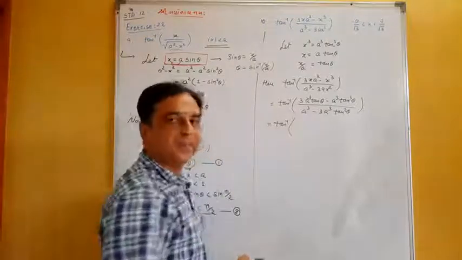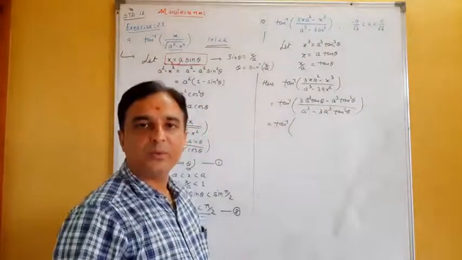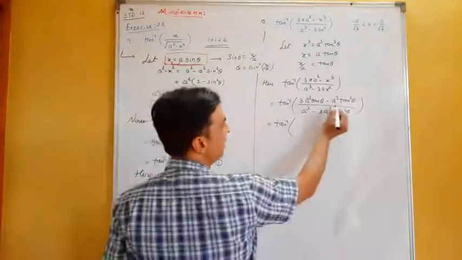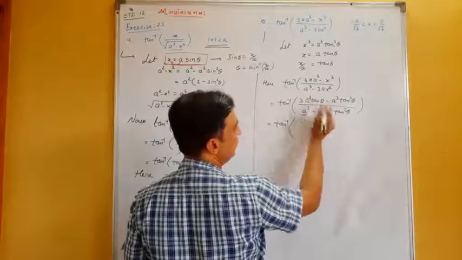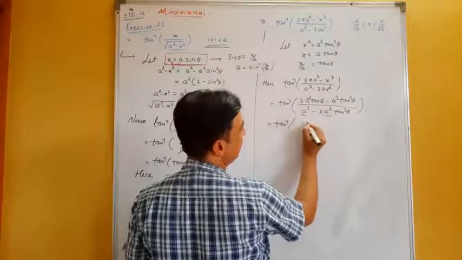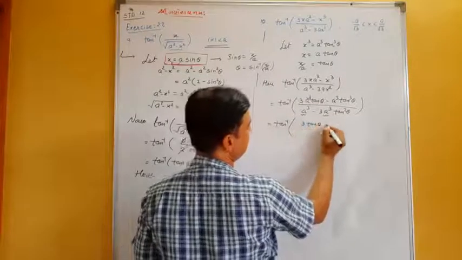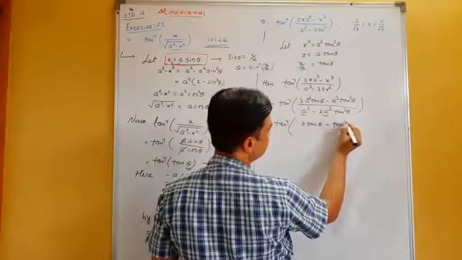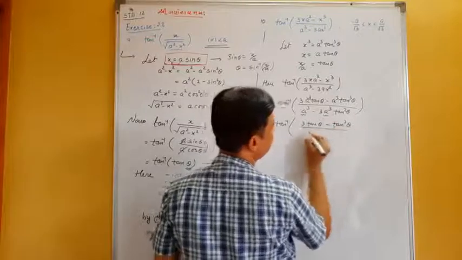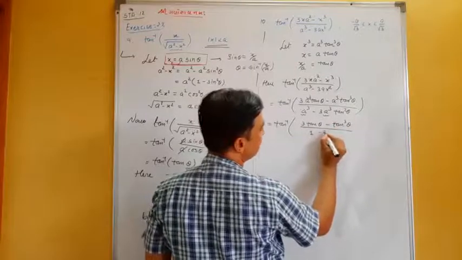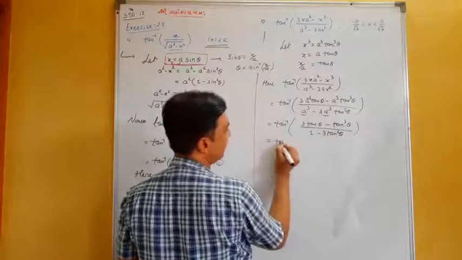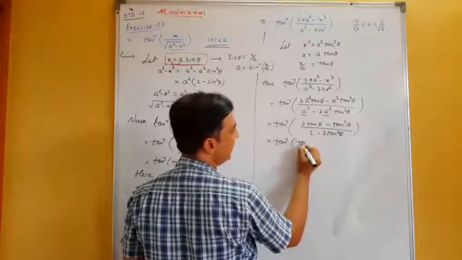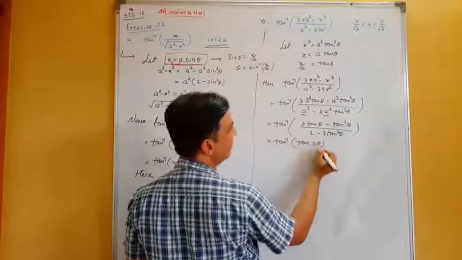Taking a cube common from numerator and denominator and cancelling it, what will happen? 3 tan theta minus tan cube theta over 1 minus 3 tan square theta. And this is the formula of tan 3 theta.